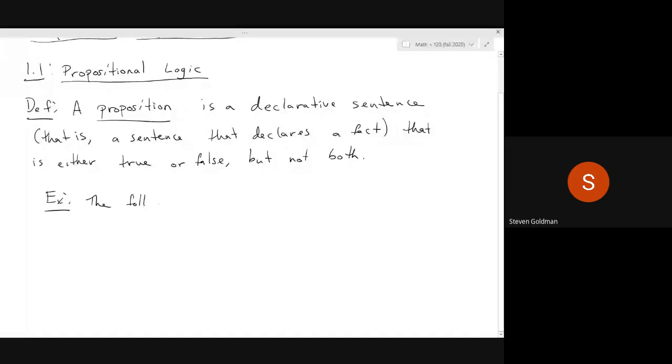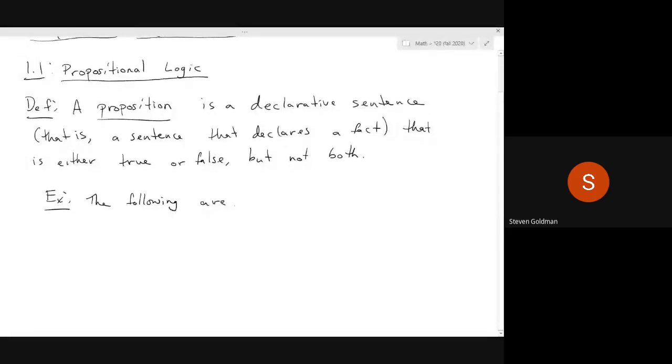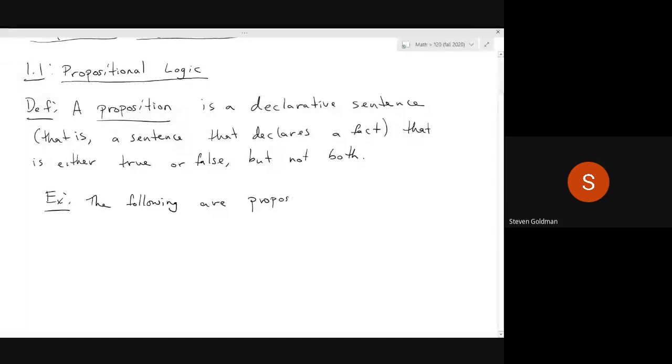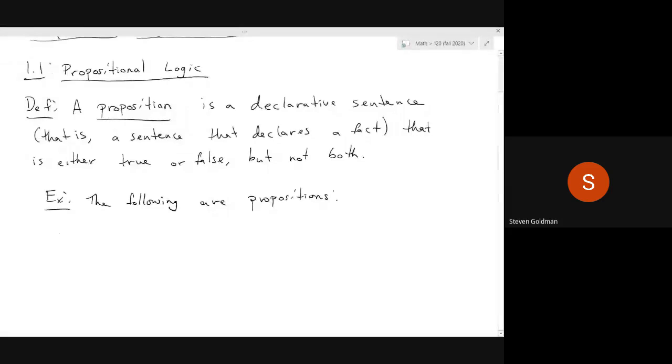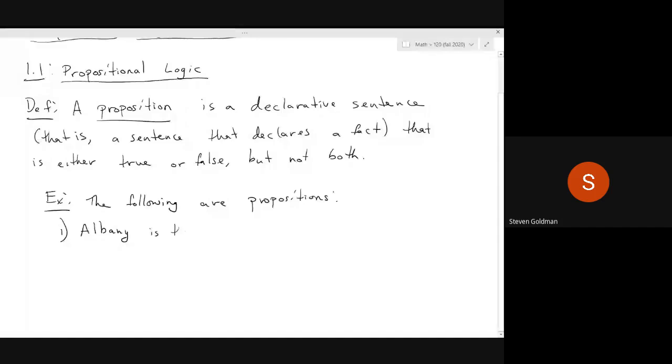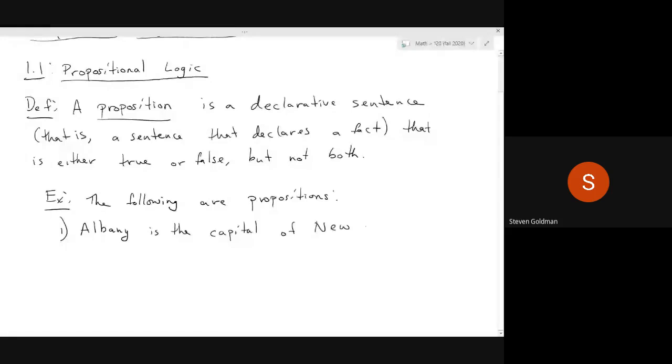So the following are propositions. Let's look at our first statement here. Let's say I write Albany is the capital of New York State. Okay. So here's a sentence. It's a sentence in English.